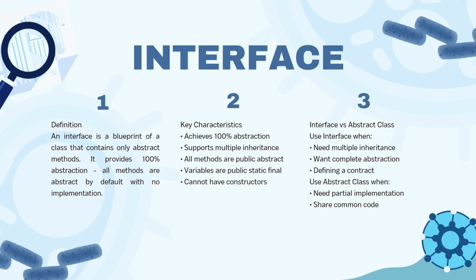Now, let us understand the second way to achieve abstraction in Java, which is the interface. What actually is an interface? An interface in Java acts like a blueprint for a class. In an abstract class, some methods can be implemented and some methods have only a declaration. But in an interface, we have only method declarations, no implementation.